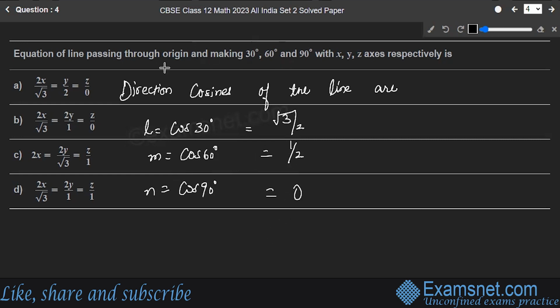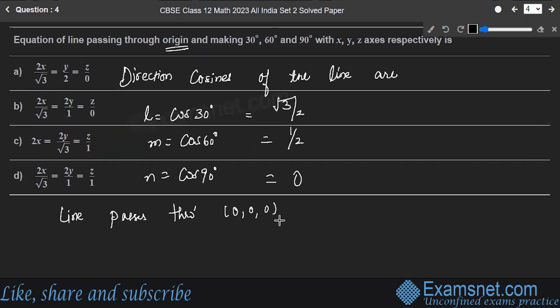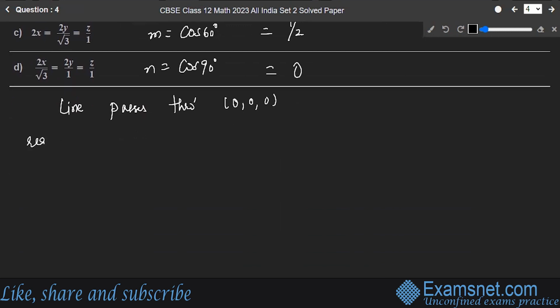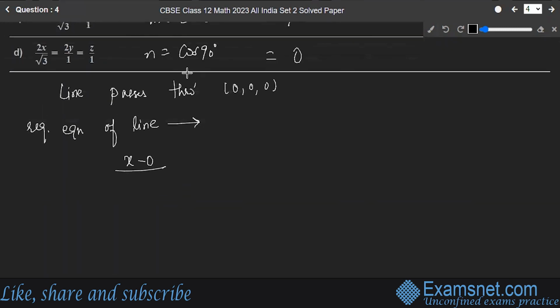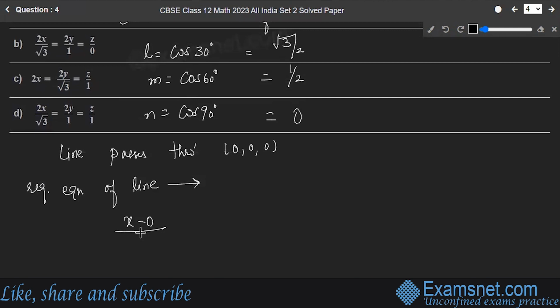Now it's given that the line is passing through the origin. Therefore, the required equation of the line becomes x minus 0 upon root 3 by 2 is equal to y minus 0 upon 1 by 2, equal to z minus 0 upon 0.